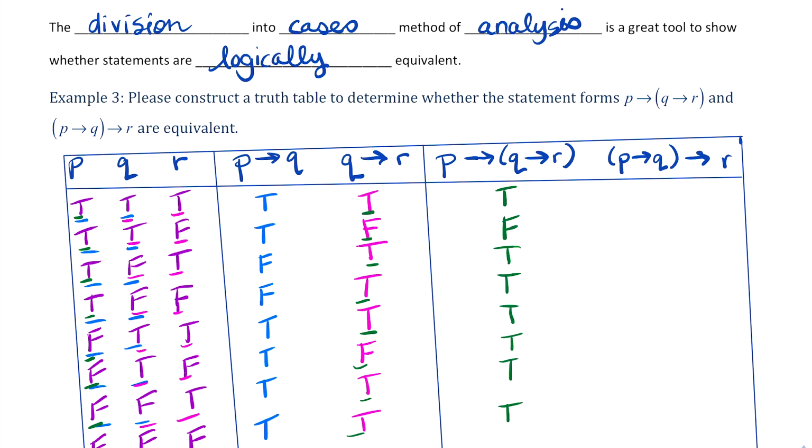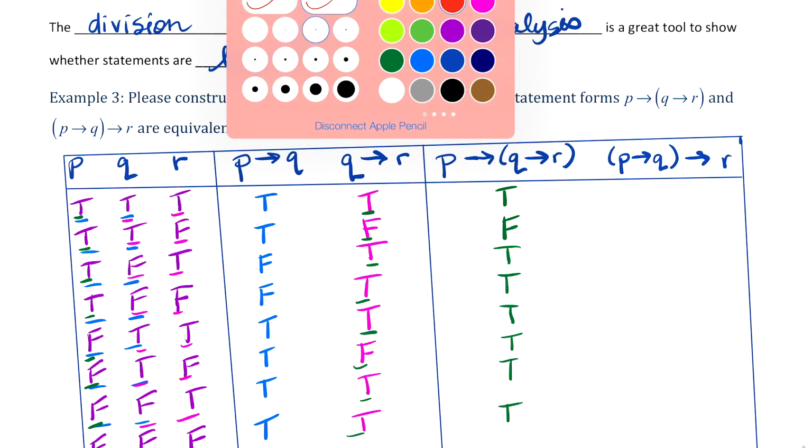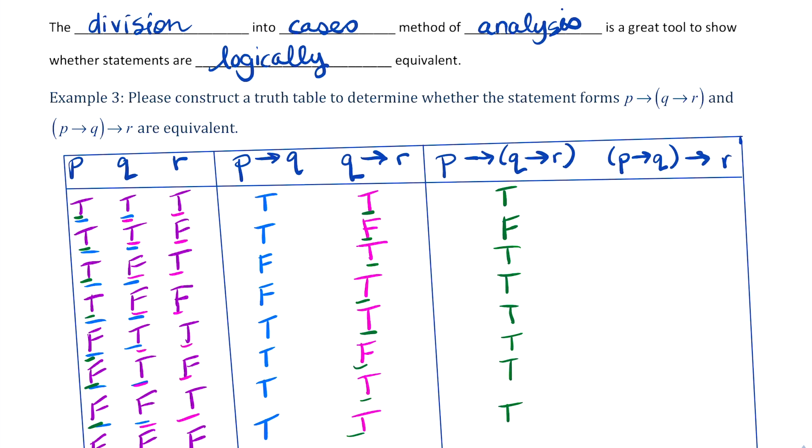So let's check out the next one. Now we're going to be looking at P implies Q first, and then R. So true, true, true, true, false. That's where we get a false.